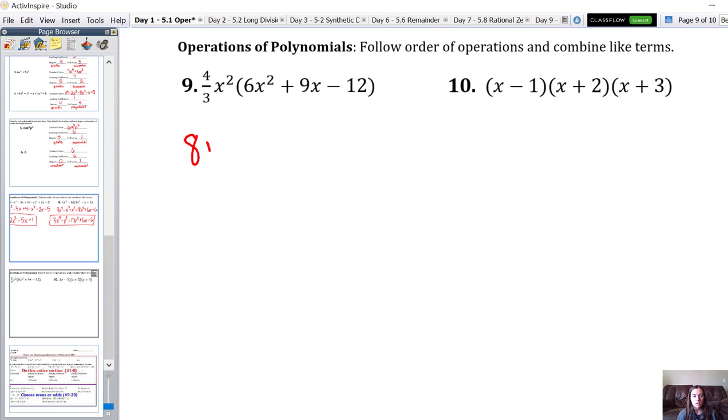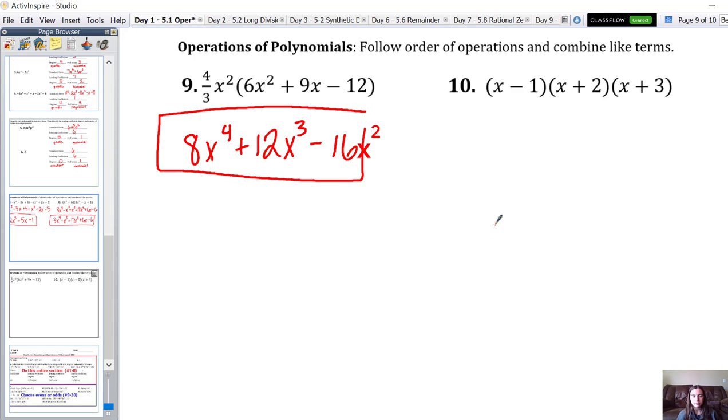X squared times x squared is x to the 4th. 4 thirds times 9. 9 divided by 3 is 3 times 4 is 12, so plus 12, x to the 3rd. And then 4 thirds times 12 is 16. This one's already in standard form, there's nothing to combine, so we're done.